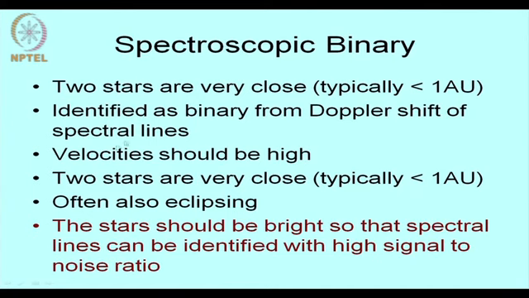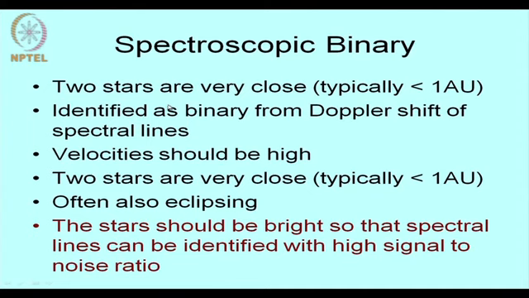For appreciable Doppler shifts, you need the velocities to be high, and for the velocities to be high, the semi major axis of the orbit has to be small, which is why you require the two stars to be very close.